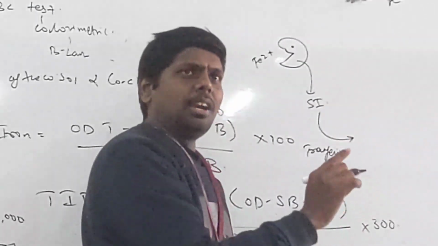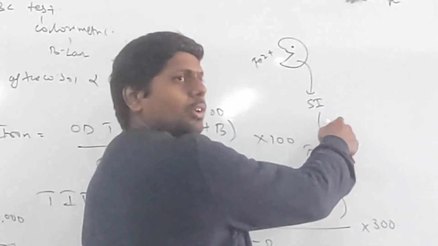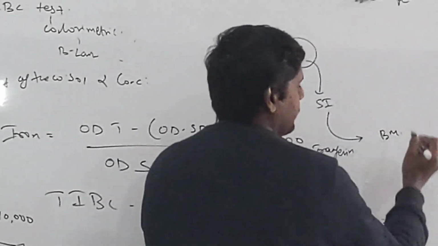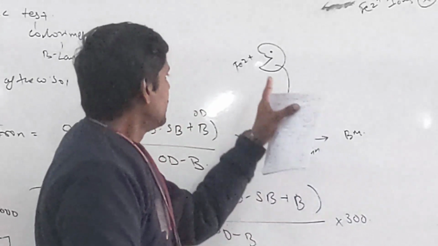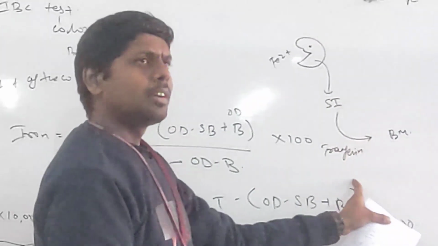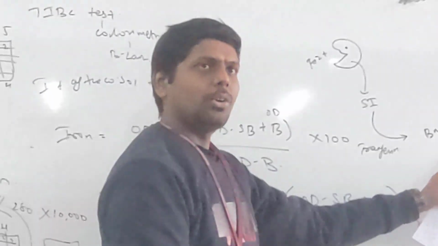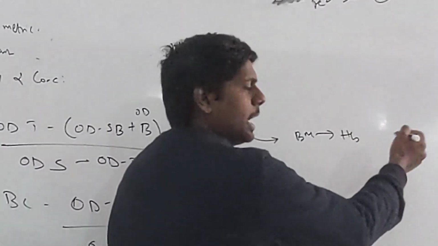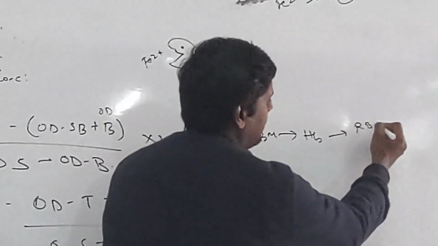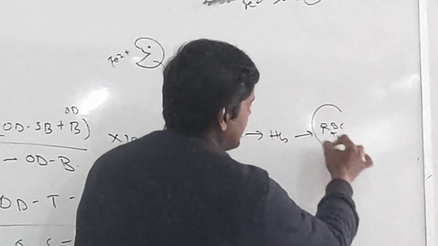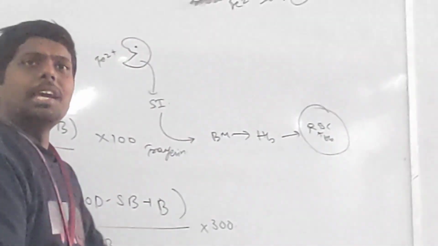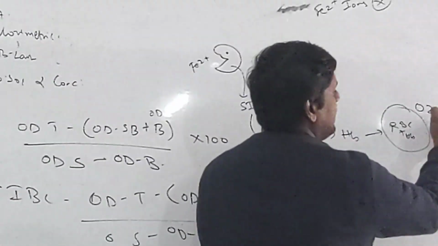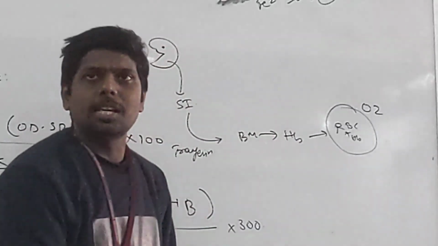This transferrin will transfer the iron molecule into the circulation, into the bone marrow. Iron is transferred from the intestine to the bone marrow. In the bone marrow it will be converted to hemoglobin, and that will be utilized as RBC with Hb complex. We know that iron is indirectly participating in the oxygen carrying capacity of the red blood cell.